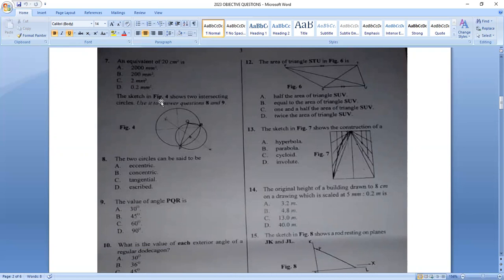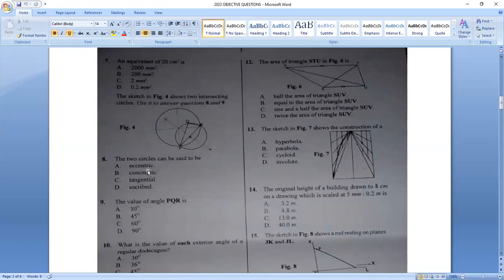Then we'll come to question 8, but we are using this diagram to answer question 8 and question 9. As you have here, the sketch in figure 4 shows 2 intersecting circles used to answer questions 8 and 9. And for question 8, we have that the 2 circles can be said to be, my answer to this question is eccentric.